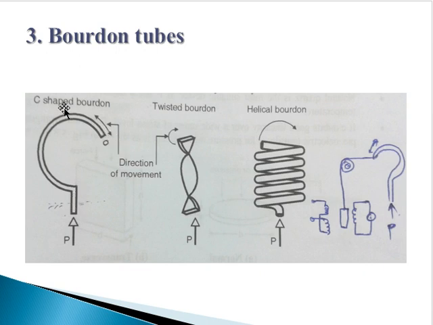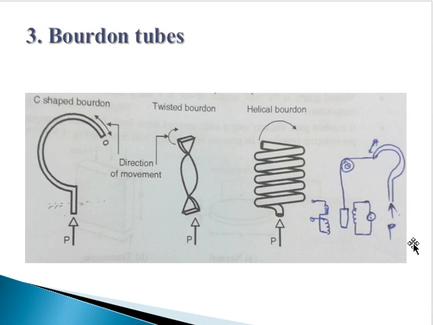This shape will change its direction like this. In a twisted Bourdon tube, the direction of movement will be like this. Similarly in the helical one, the direction will be helical. Again these are converting pressure into displacement, and these are primary transducers.